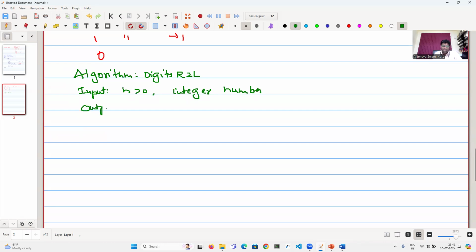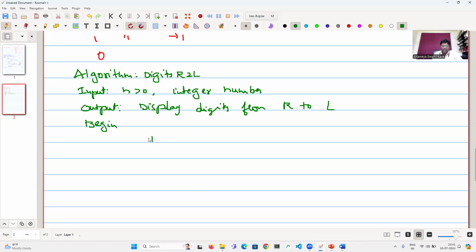Output: display digits from right to left. So begin.